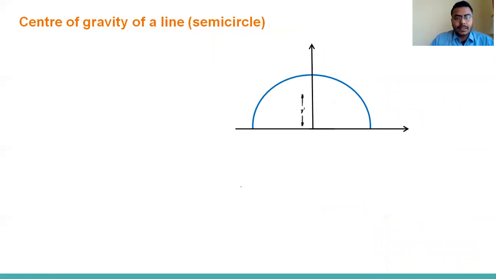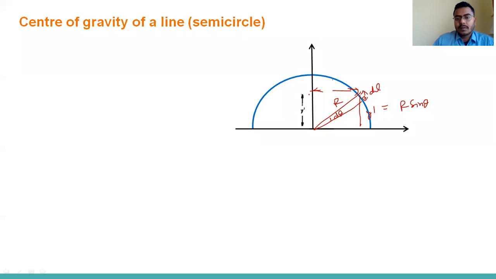Now we can calculate for the semicircle also, right? See, it is very easy. Like in this case also, take here r, take a small change, that is d theta. So the length will be a small length dl. This will be y dash, that will be r sine theta.